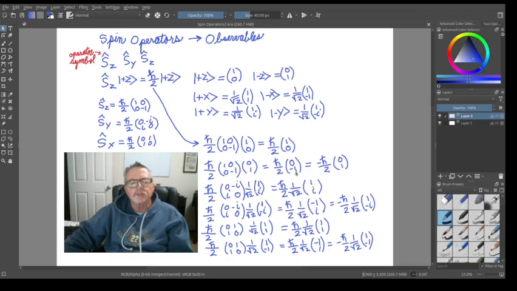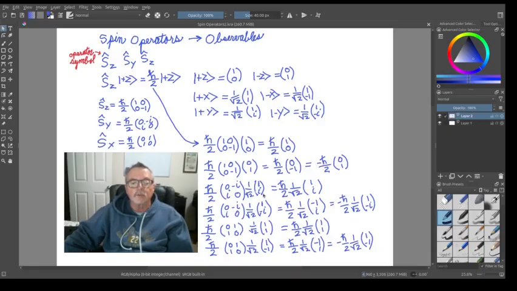Now prove to yourself that we get a negative 1 here. 0, 0, minus 1, minus 1, minus 1. Now you'd say, oh, you didn't get the same vector back. Should have got a 0, 1 back. Oh well, you can factor out a negative 1 because the eigenvalue is not plus h bar over 2, but minus h bar over 2.